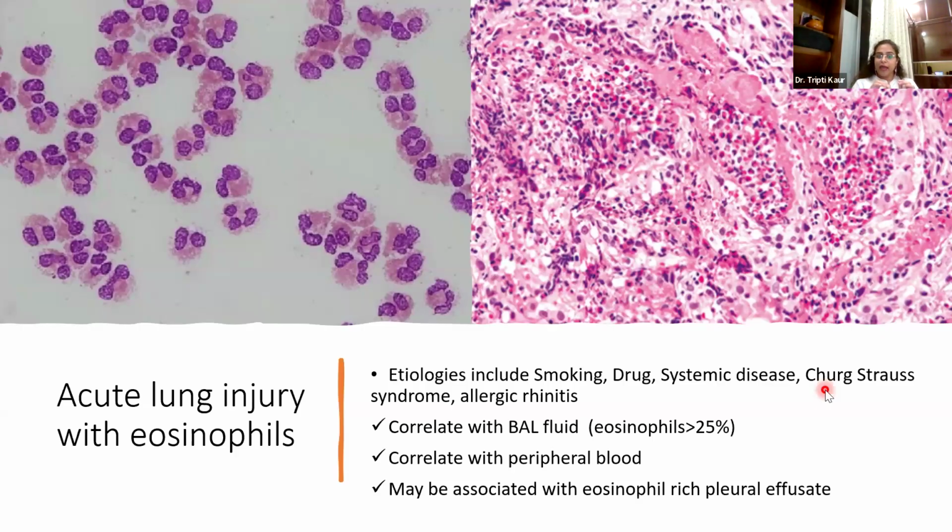So any lavage fluid or biopsy with a good number of eosinophils, you need to mention all these etiologies in your comment section so that the examiner knows this person is aware of the various etiologies she has to rule out.